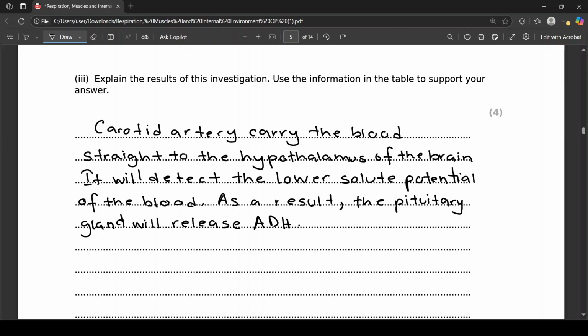And then ADH will result in more reabsorption of water, so less urine is produced.